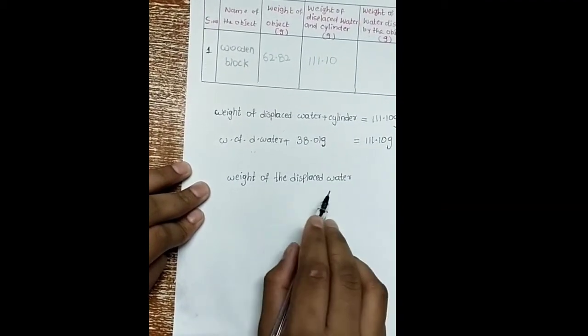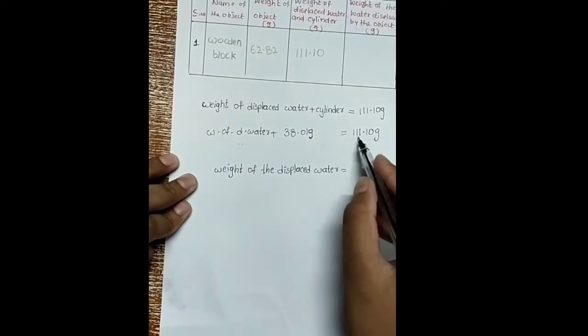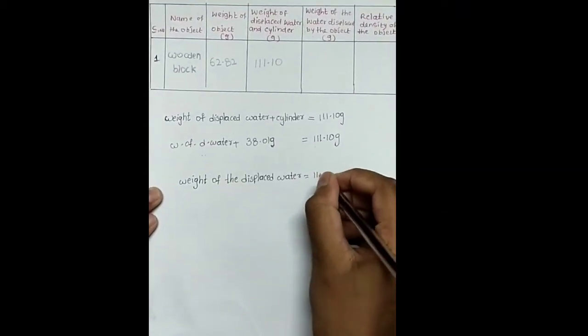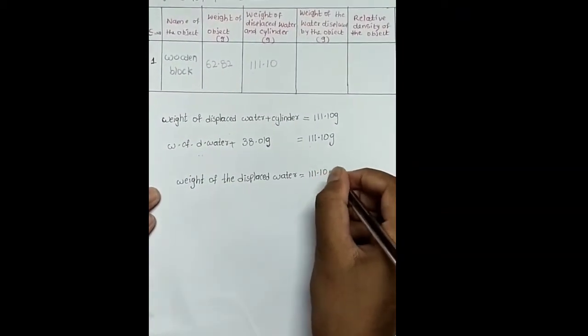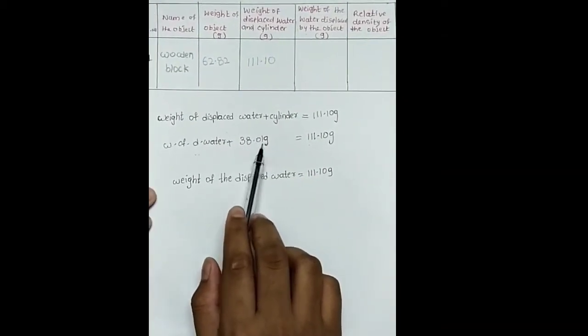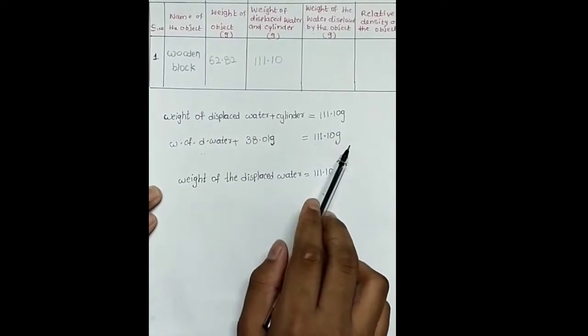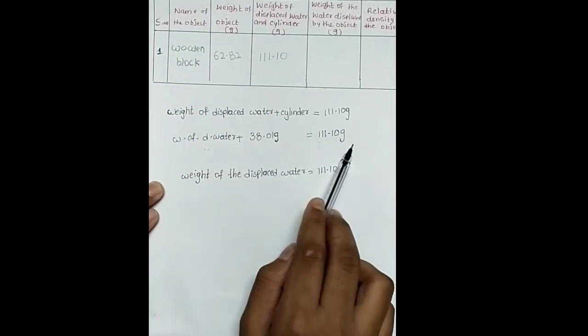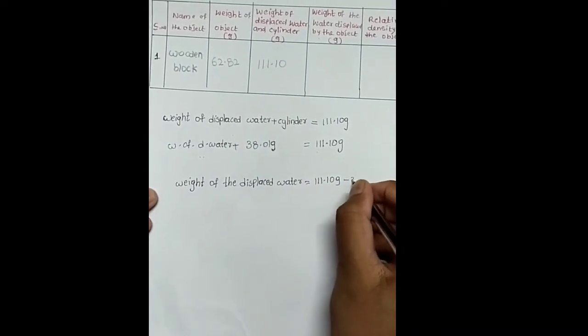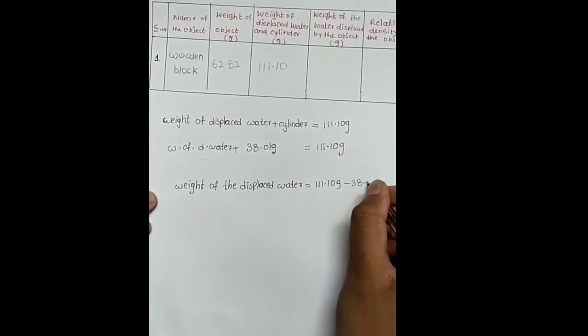Weight of the displaced water equals 111.10 grams minus 38.01 grams. When the 38.01 grams comes to this side, it was plus, and on this side it becomes minus.